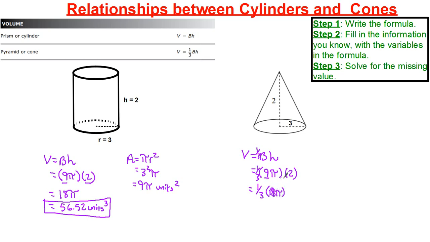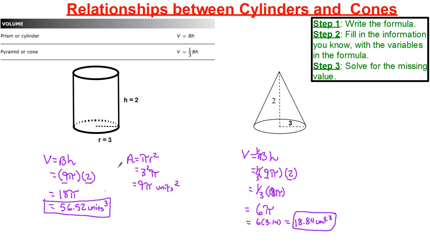All I did was multiply 9 times 2 and kept everything else. This is nice because I could take 1/3 of 18, which is 6. So now I have 6 pi. So 6 multiplied by 3.14 is going to give us a value of 18.84 units cubed, which is 1/3 of this.